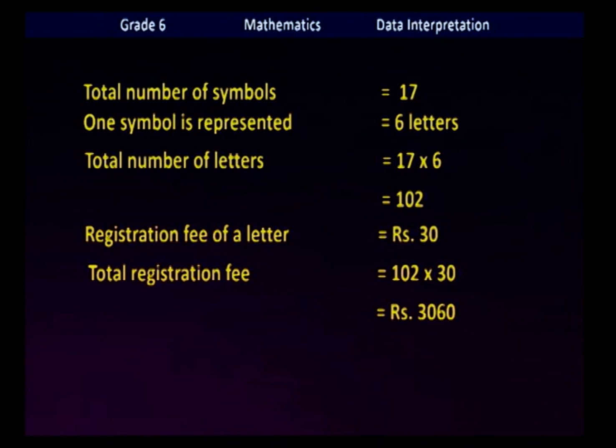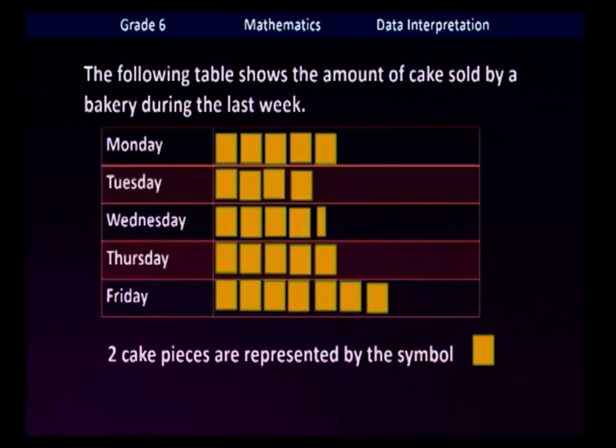Okay, 3060 rupees. The following table shows the amount of cake sold by a bakery during the last week. Here you can see a picture graph. From Monday to Tuesday, they have represented how many pieces of cake were sold by the bakery. This symbol represents 2 cake pieces.